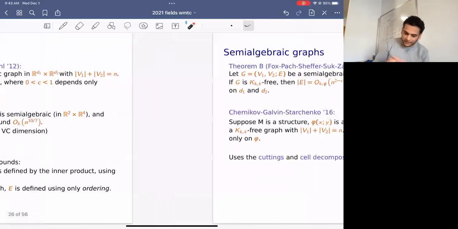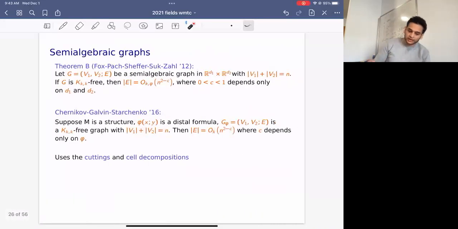But even before that, I will probably want to say this semi-algebraic graph result was put in a more general context, where Artem, David Galvin, and Sergey showed that for distal formulas, you can get a bound that looks similar. They don't exactly quantify what C should be, but it depends on the complexity of your cuttings.